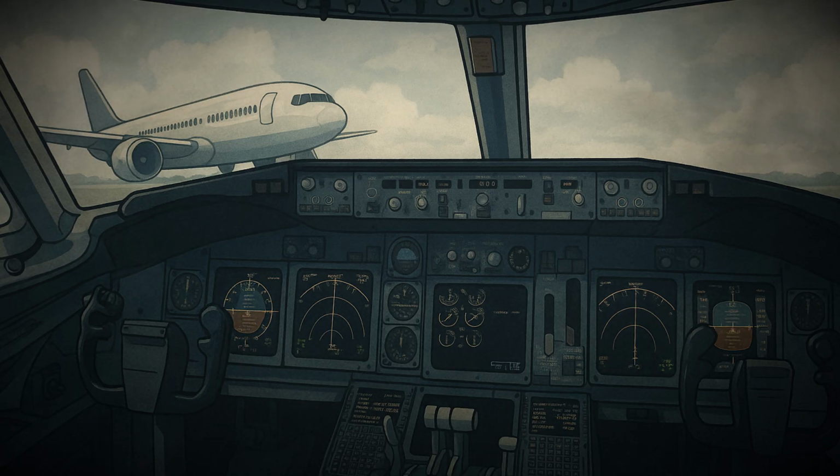Pilots play a role in managing drag during flight. For example, extending flaps and landing gear increases drag dramatically, which is useful when slowing down for landing, but detrimental during cruising.